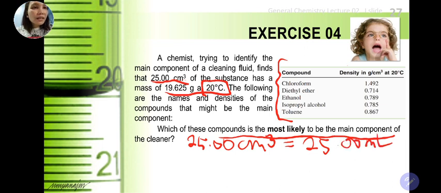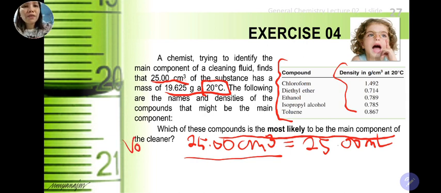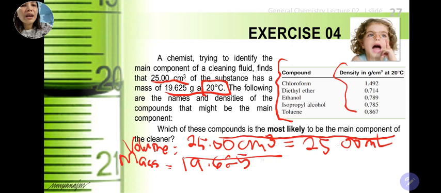Pero since ang given densities is in gram per cm cube, you may use this one also. So, yan yung given. What is this? Ng volume. So, you have the volume of the cleaner at 20 degrees Celsius. You have the mass of the cleaner is 19.625 grams at 20 degrees Celsius.